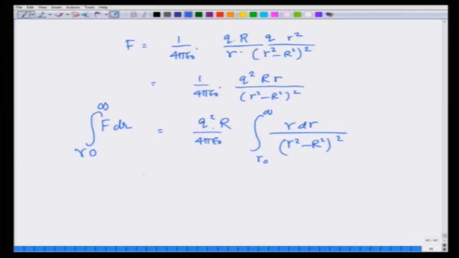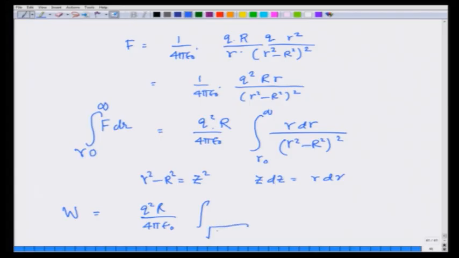To integrate this, let us take r square minus r square to be equal to z square. So that z dz is r dr, and I have therefore, work done is equal to q square r over 4 pi epsilon 0 integration, r 0 is going to be z, is going to be equal to square root of r 0 square minus r square up to infinity.